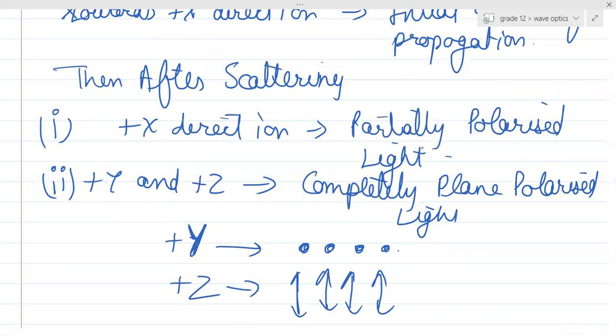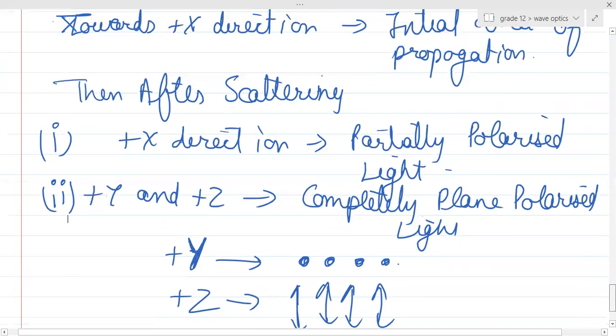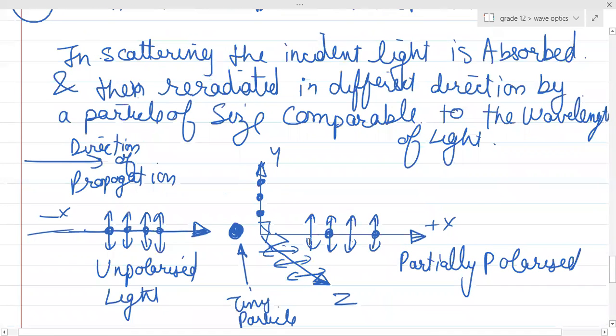It's not necessary that this light ray is getting distributed in three parts only. No, it's re-radiated in all possible directions. Are you getting my point? But those light rays which were along plus X, plus Y and plus Z, we are telling specifically about those. Is it clear? Yes, sir.